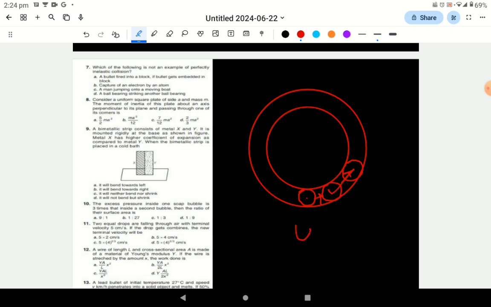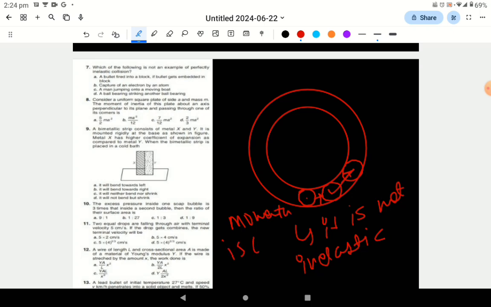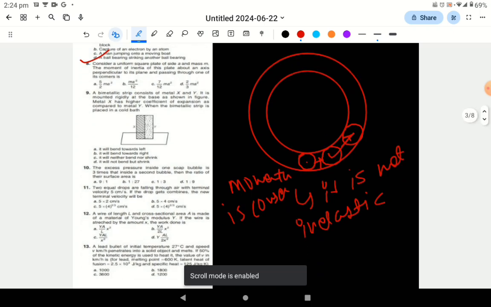So it is not an inelastic collision, as momentum is conserved. So the option will be D here, which will be correct. Now let's move on to question number 8.